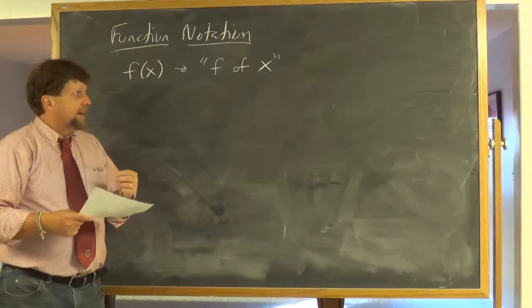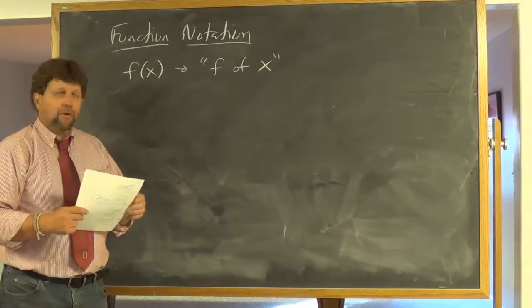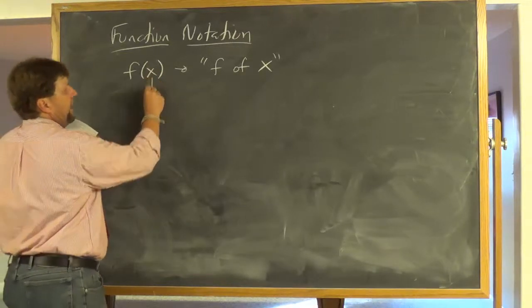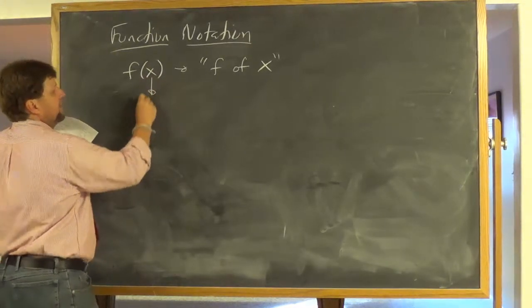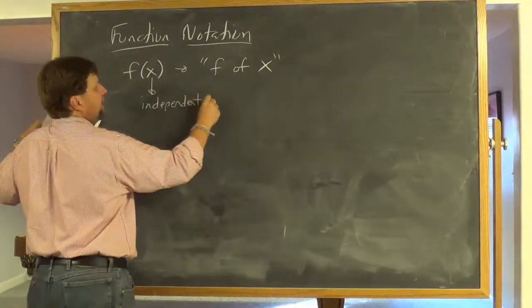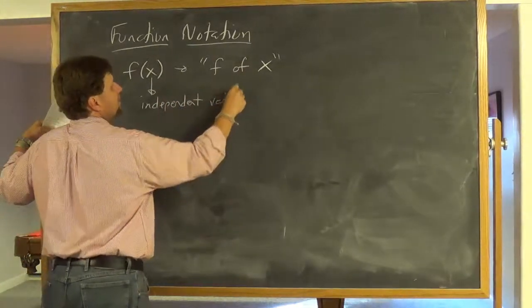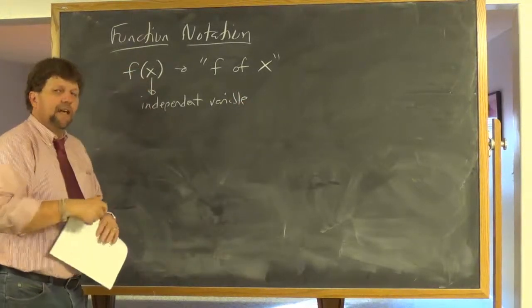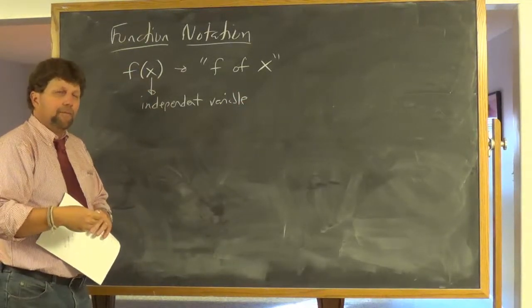And in this, let me tell you a couple of things real quick. In this notation, the variable x is the independent variable. Then f of x itself is the dependent variable.